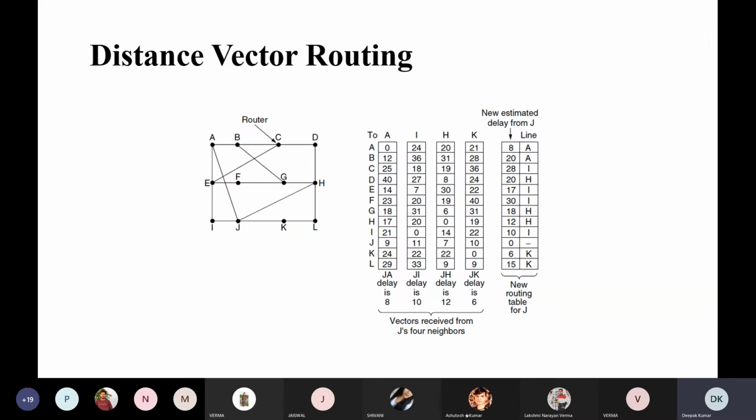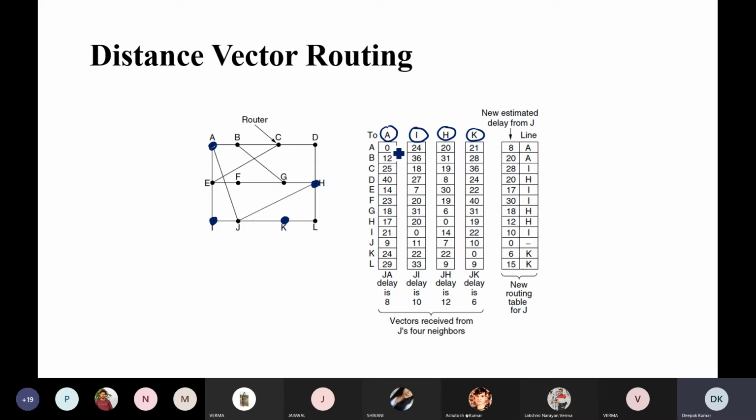This is another example, in which there are a total of 12 nodes: A, B, C, D, E, F, G, H, I, J, K, L. These are connected. At some instant, suppose we see the distance vectors at nodes A, I, H and K. These 4 nodes create a routing table like this.